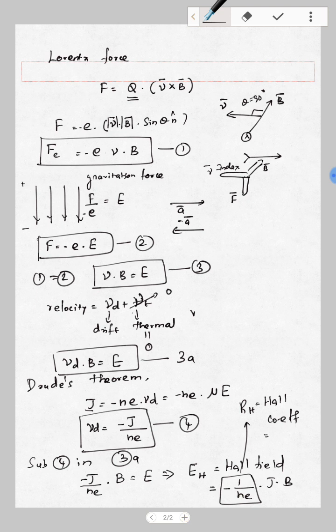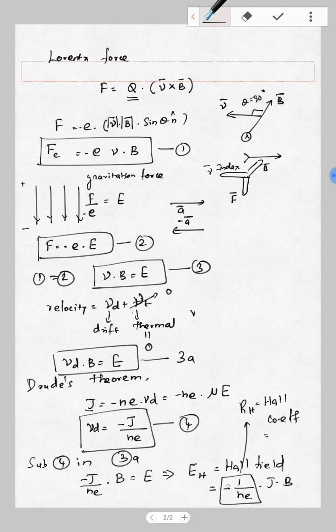We can verify this with other materials than conductors. It may not always be negative. So we can come to the conclusion that it is not only electrons carrying the current. Others like holes, and acceptors and donors, can also carry the current. That's why we won't always get a negative value. We will see the exception later.